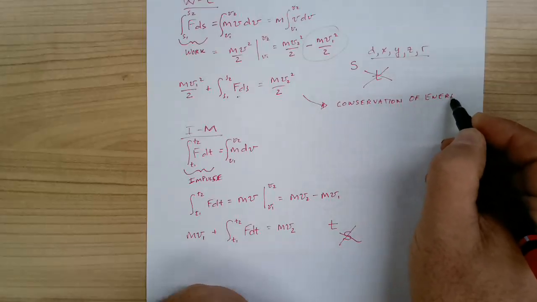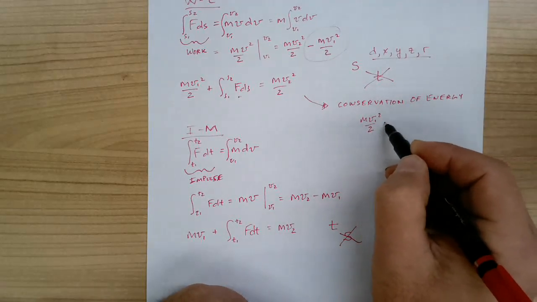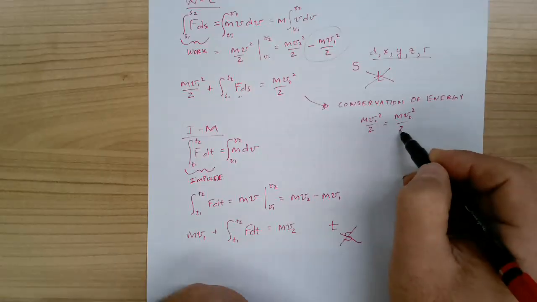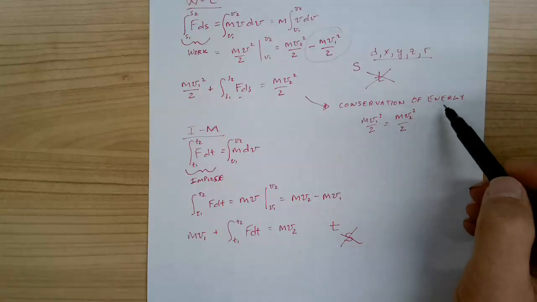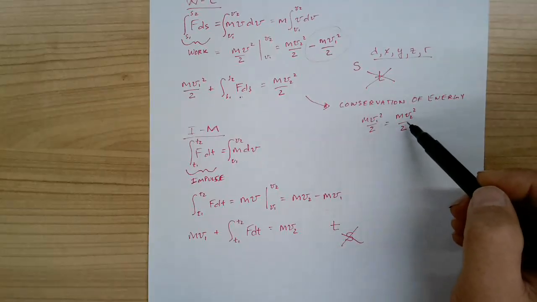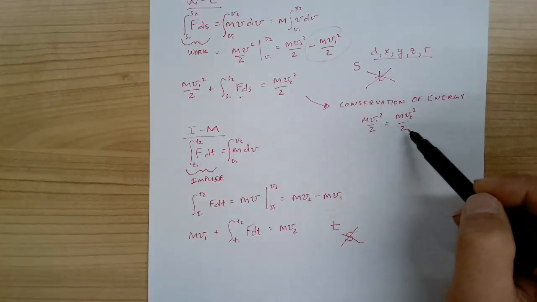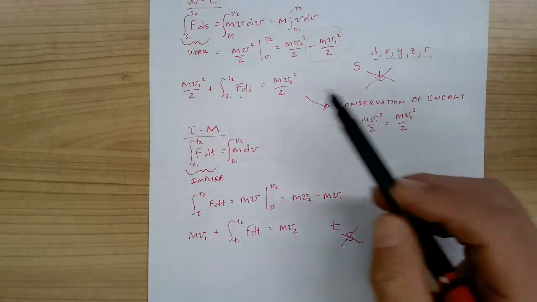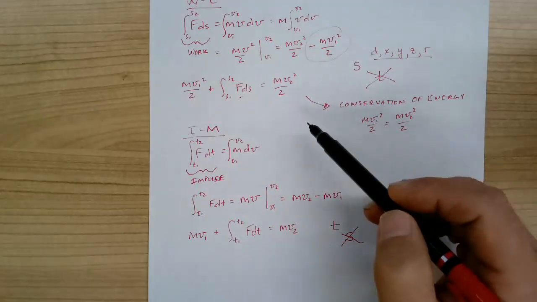We drop the work, and mv1 squared over 2 equals mv2 squared over 2. But we define other types of energy. This is the kinetic energy. We have energy due to a spring. We have potential energy. So there's other types of energy that we can add into this equation. But again, to understand the concept, no external work, then the energy is conserved. And you can drop that term.